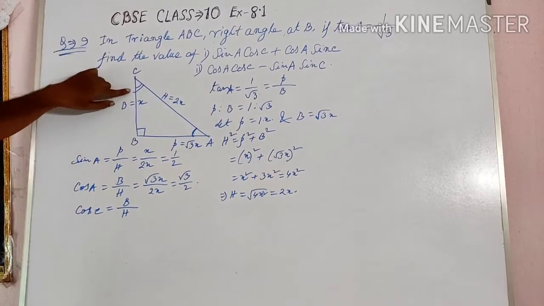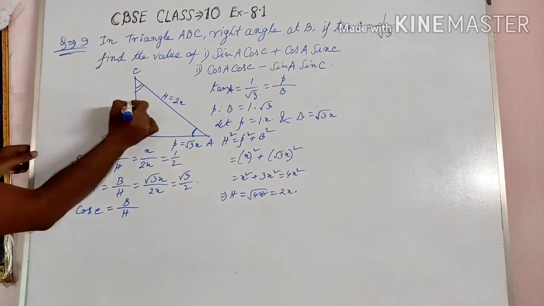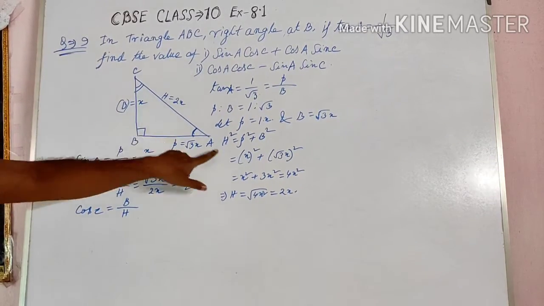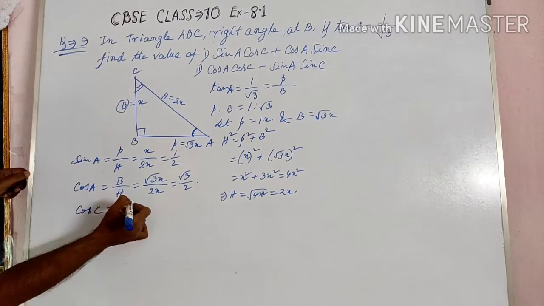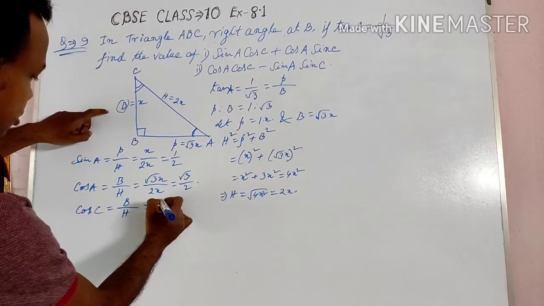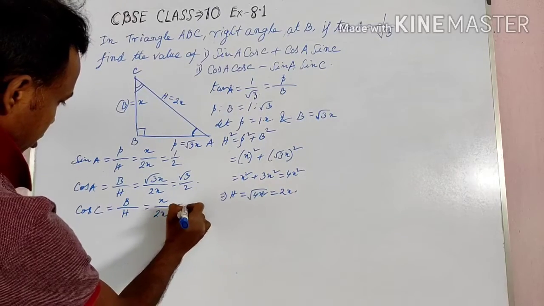So if you consider angle C, then the base is CB, and the perpendicular will be BA. So in that case cos C is equal to base by hypotenuse. What is the value of base? In that case base is x, hypotenuse is 2x, so it is 1 by 2.